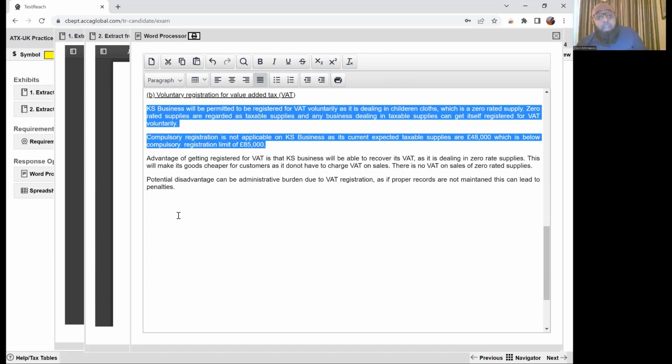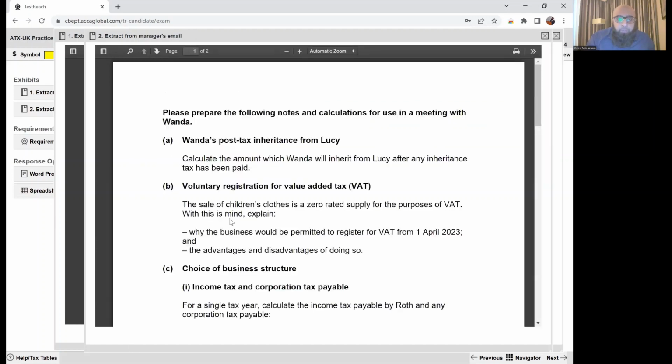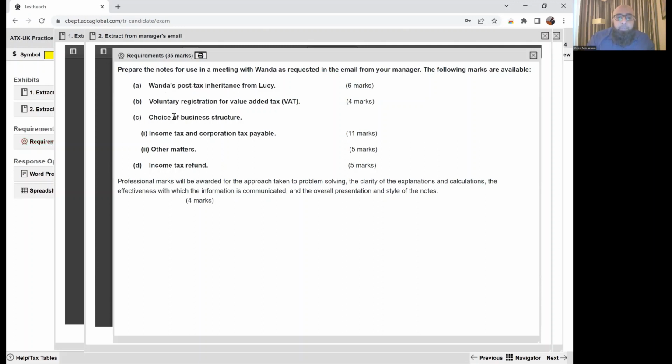The advantage is that since we deal in zero rated supplies, it's very good for us to get registered. We can recover the VAT. The potential problem can be the administrative burden. So the business would be permitted, and the advantages and disadvantages. So I think that part B was very easy, 4 marks.